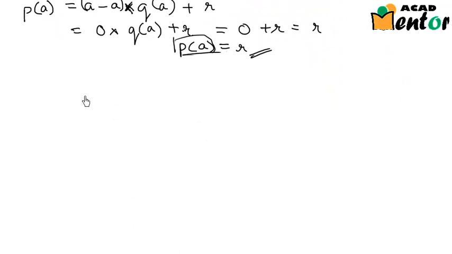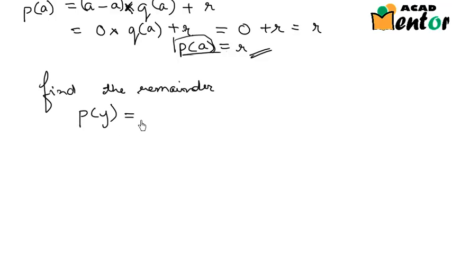So if I have to find the remainder when a polynomial, let's say p of y, which is equal to y cube minus 7y square plus 28, is divided by another polynomial, that is y plus 3.